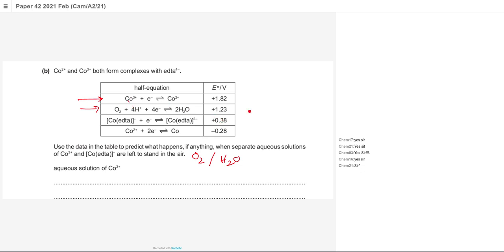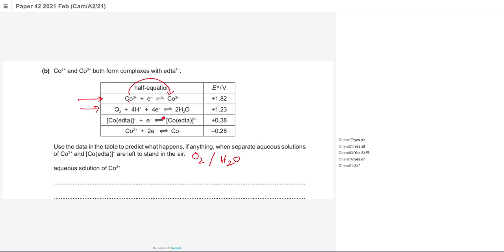So definitely cobalt 3+ will not react with the oxygen, because if it did, cobalt 3+ would get oxidized to cobalt 4+, and there's no cobalt 4+ here. So cobalt 3+ should get reduced to 2+.